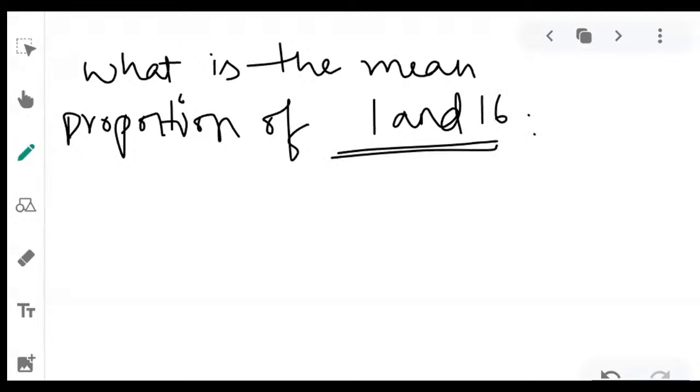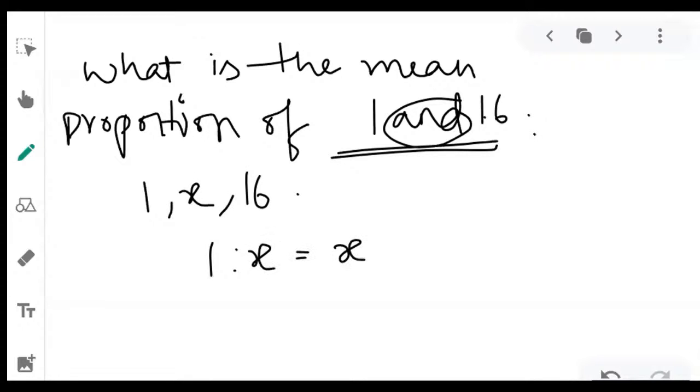What is the mean proportion of 1 and 16? That means again you should assume one value between 1 and 16 and write this notation as 1 is to x is equal to x is to 16.